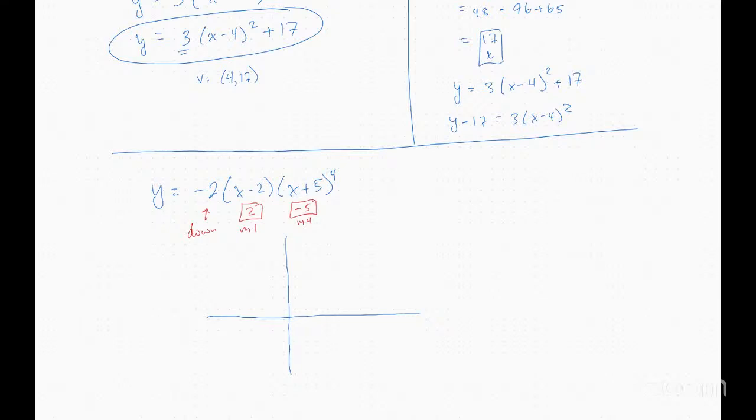The negative a means that as x goes to infinity, f of x goes to negative infinity. The fact that it's odd means that the ends go in opposite directions.